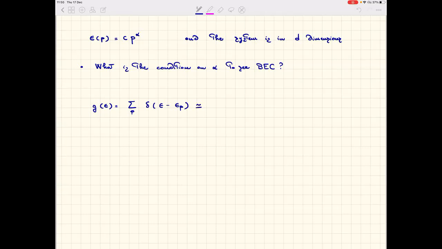So this is then L to the D divided by 2 pi to the D, integral dp of delta of epsilon minus epsilon of p. Now here I forgot to write that it's an absolute value. So now what do I do?